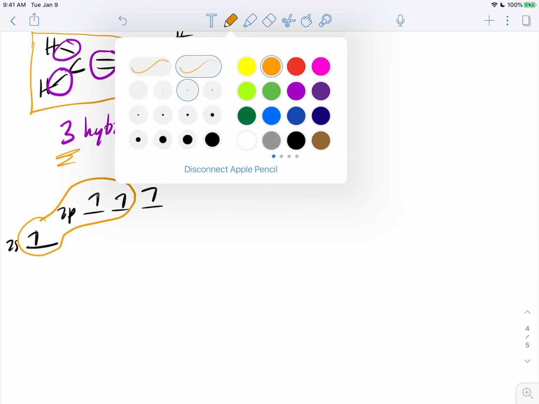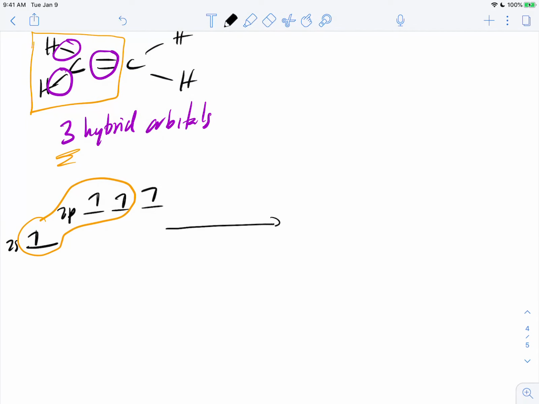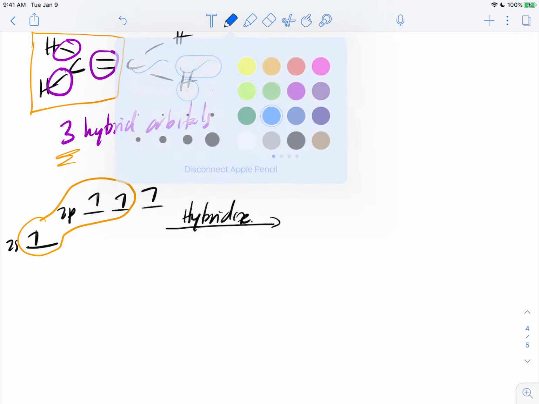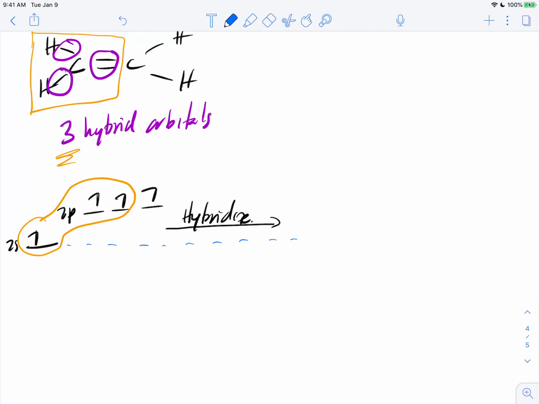And so when we hybridize those, just to remind ourselves of the energies of the s and the p, we have now 1, 2, 3 sp2, and still 1 p.